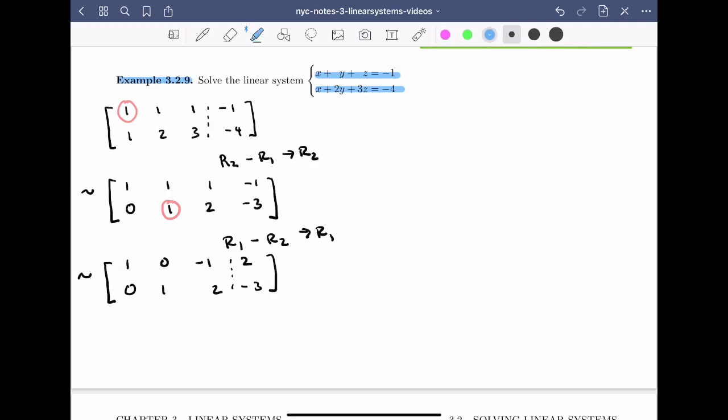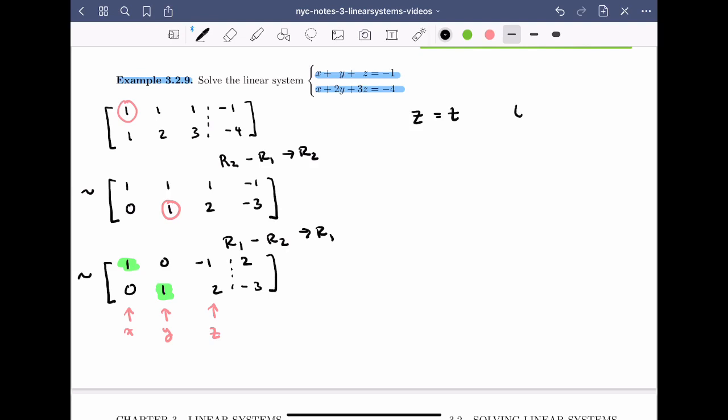Okay, at this stage, we can identify the leading entries, 1 and 1. Notice that the variable x has a leading entry, the variable y has a leading entry, and the variable z does not have a leading entry. Therefore, we'll assign the parameter t to the variable z.